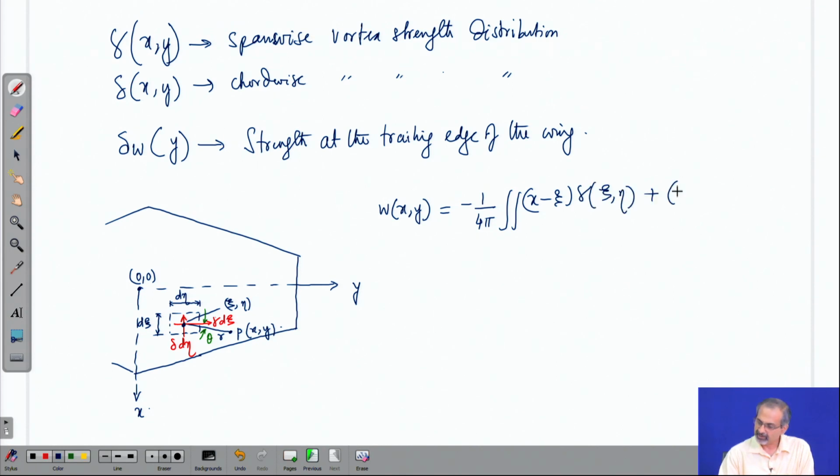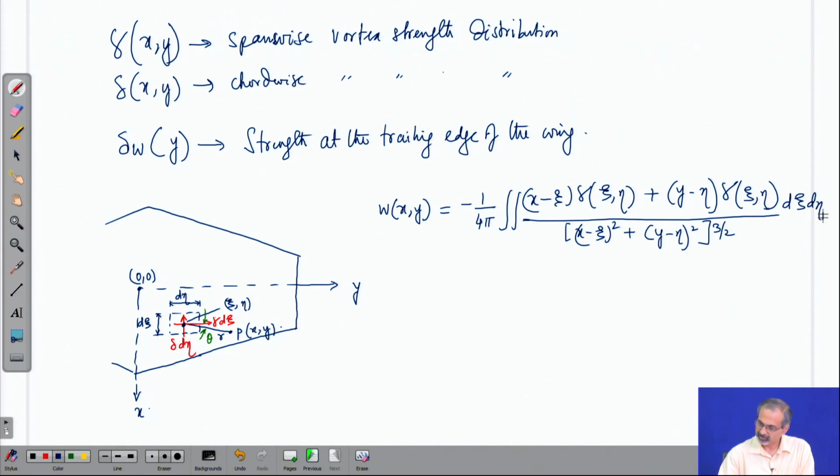Remember that the entire gamma as well as delta vortex sheets are going to create the influence. So, this is the downwash which will be produced by the gamma and the delta fields. This should be delta.